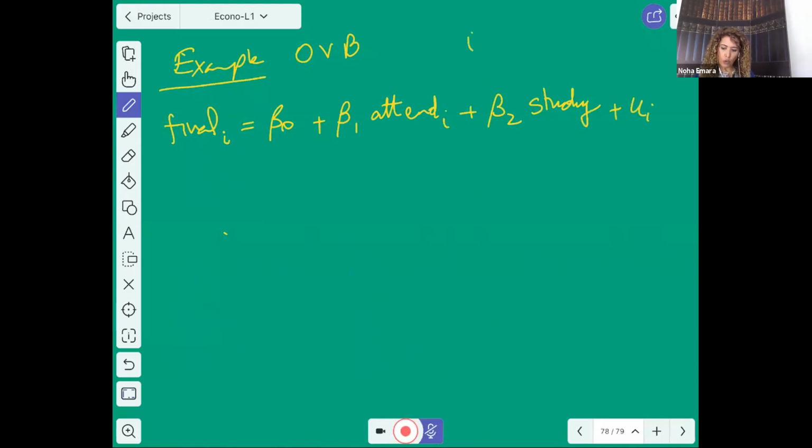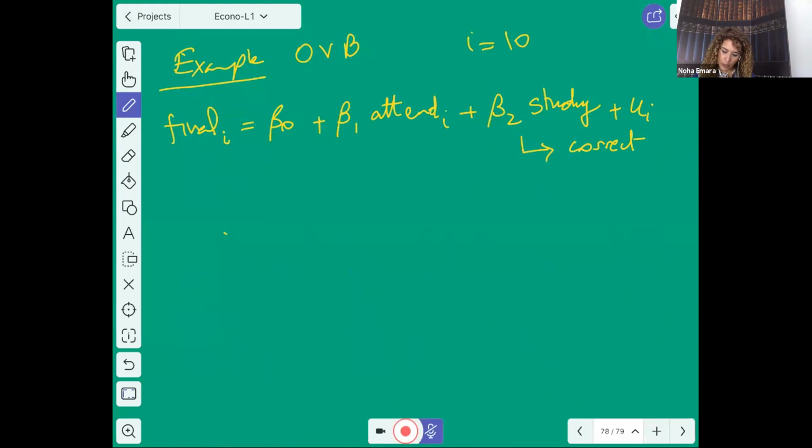And I have a group of, whatever, 10 students, so this regression is going to be repeated 10 times if I have 10 students. Suppose this is the correct form of the model.